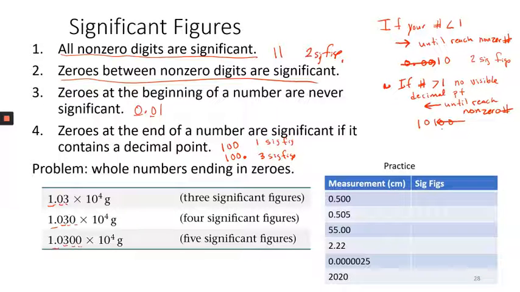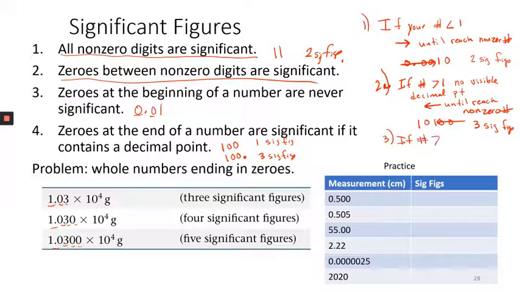All the digits you did not cross out are significant. So this is 1, this is 2, 3.